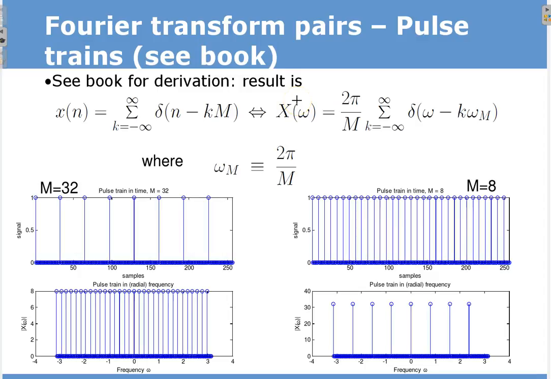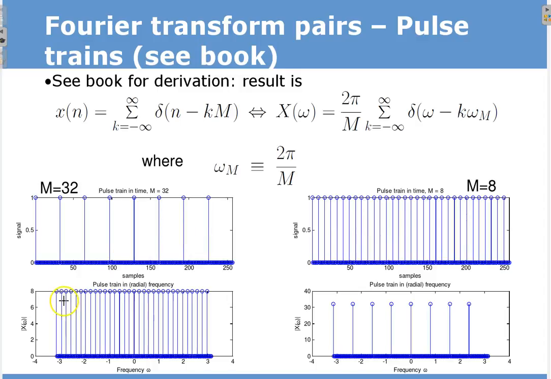It works out, if you look in the book and go through the derivation, which is straightforward, but there's some steps to it, that in frequency you also get a bunch of spikes. So we get a pulse train there, but spaced by some amount omega sub M, where omega sub M is 2 pi over M. So if we have a big spacing between our non-zero samples in time, we'll have a small spacing in frequency, very dense in frequency.